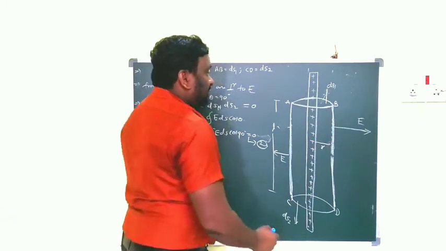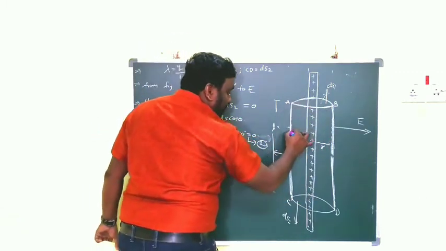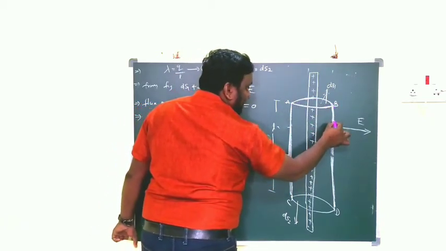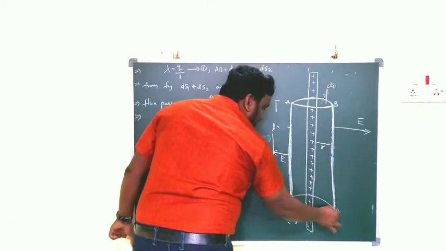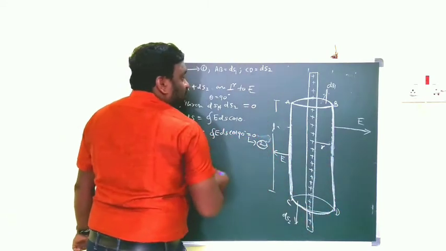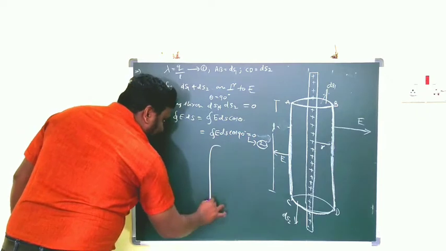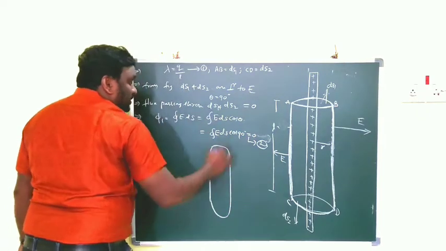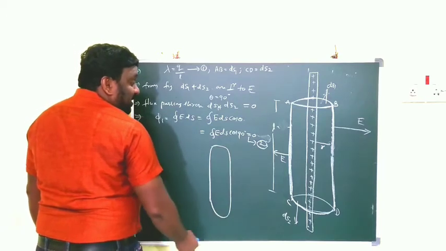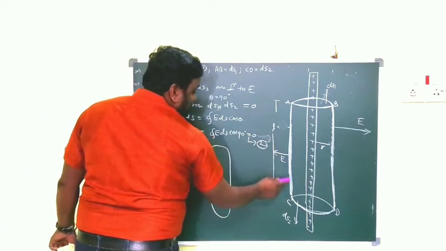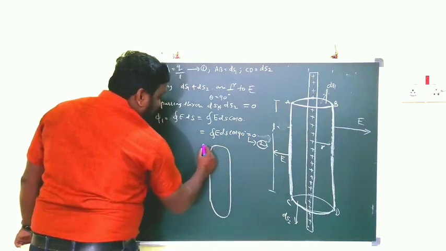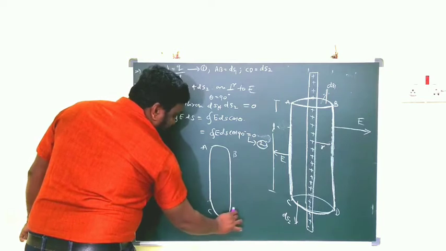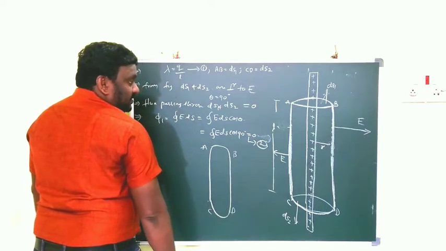That's why the flux will pass through the curved surface we have taken, like a cylinder. So I am drawing it separately. Now the flux passes through the curved surfaces AC and BD. Clear?